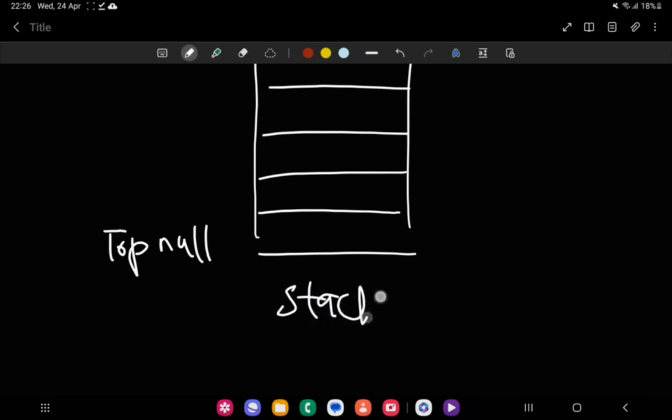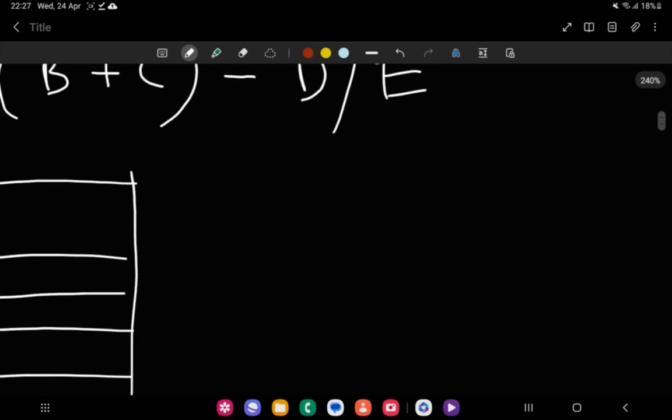We call it stack. And for easier understanding, we need to do this infix notation so that we can easily do the conversion to postfix notation.